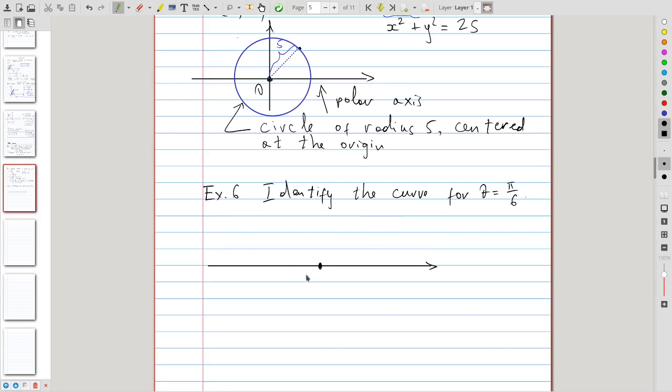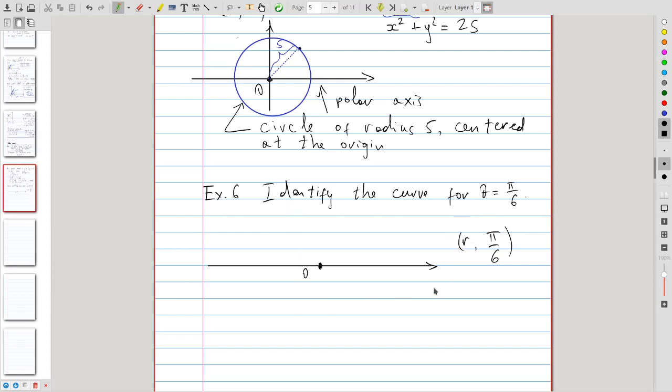We have a polar axis, we have the origin. Then the set of points with theta equal to pi over 6 have the form r, pi over 6, where r can run anywhere on the real numbers. So how do we arrive at the set of all such points?